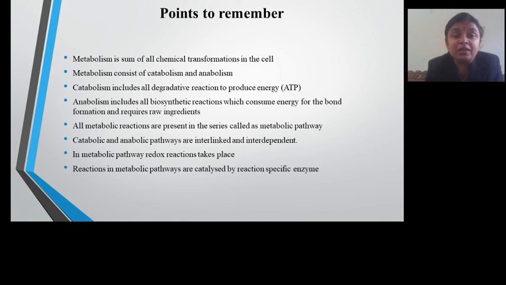All metabolic reactions are present in series called a metabolic pathway. Catabolic and anabolic pathways are interlinked and interdependent. In metabolic pathways, redox reactions take place. Reactions in a metabolic pathway are catalyzed by reaction-specific enzymes.